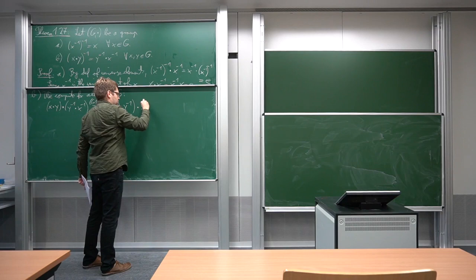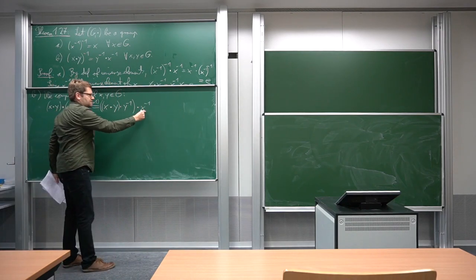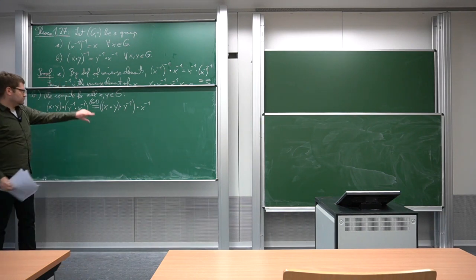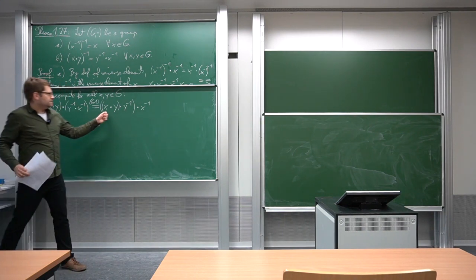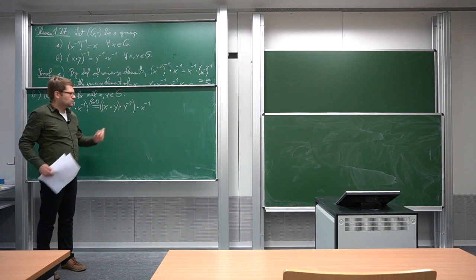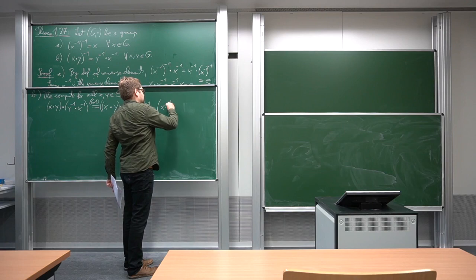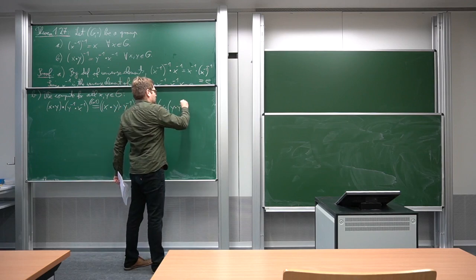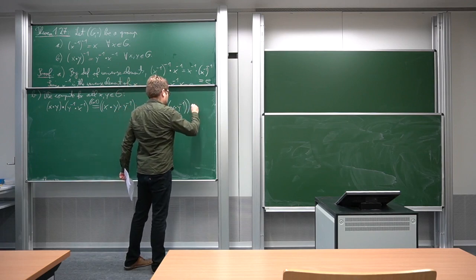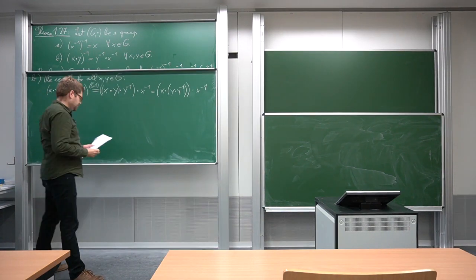namely this is the same as this multiplication. So if we look at this and this as three elements of the group, we have just changed this ordering. And here again, inside these bigger parentheses, we can change the position of these smaller parentheses. This is the same as x times y^-1 times x^-1. And we know here now that this is a neutral element.